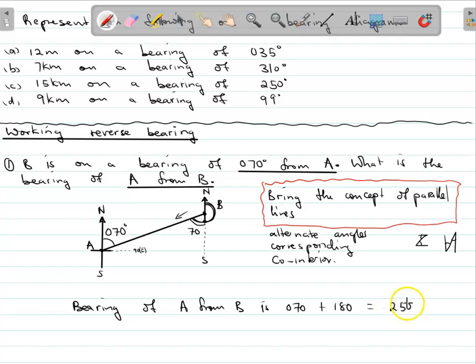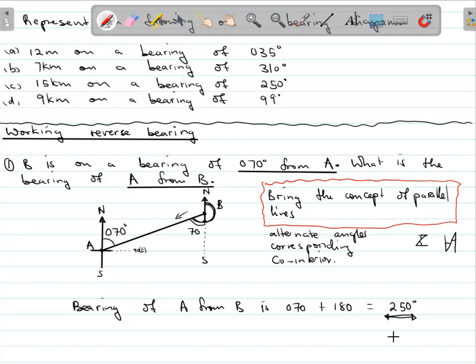We don't write it with 4 figures; 250 is 3 figures, so it is sufficient. So the bearing of A from B will be 250. That's how we find the reverse bearing. That's what we mean by the reverse bearing.